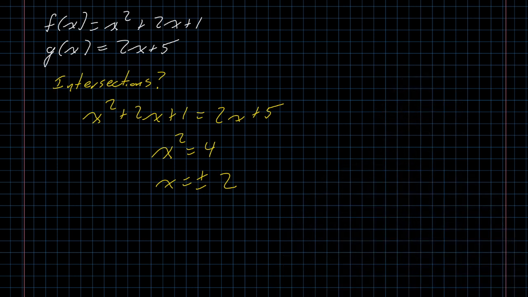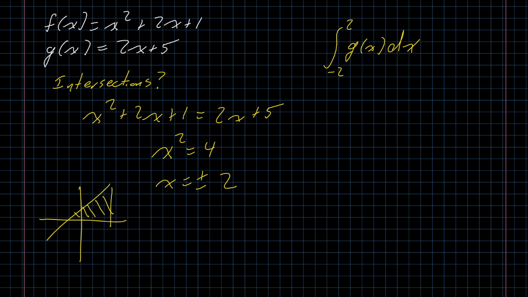All right, so the curve that was on top was g of x. If I calculate the integral from -2 to 2 of g of x dx, that will give me everything below that line, which includes all of the area that we care about, but also includes a bunch of other stuff.